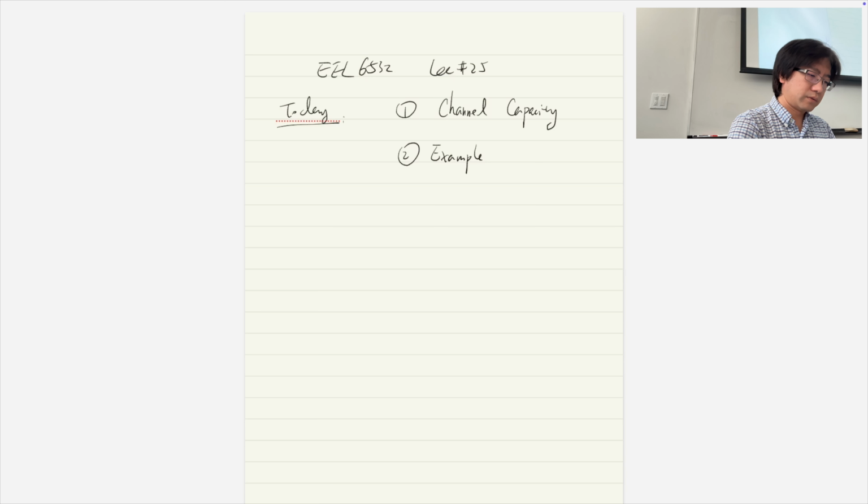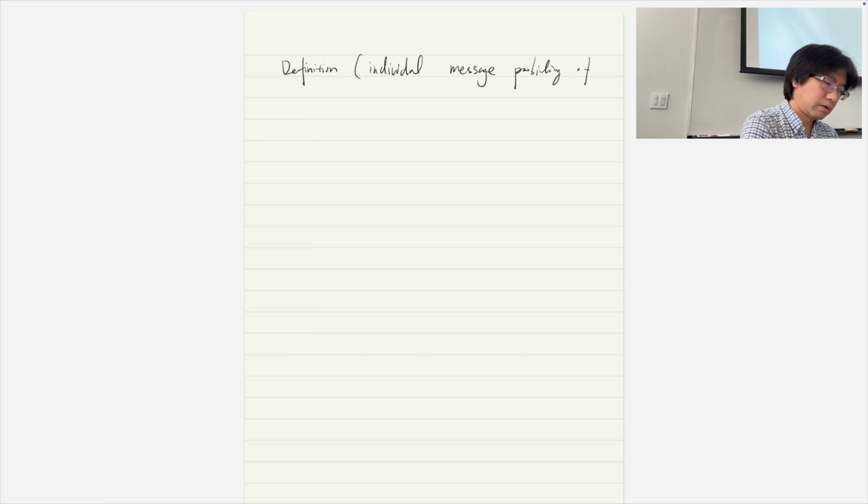All right, in order to talk about channel capacity, we need to know what the error probability is. So let's define a few kinds of error probability. The first one is the individual message probability of error.